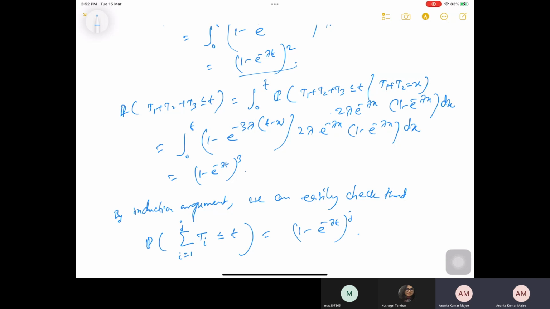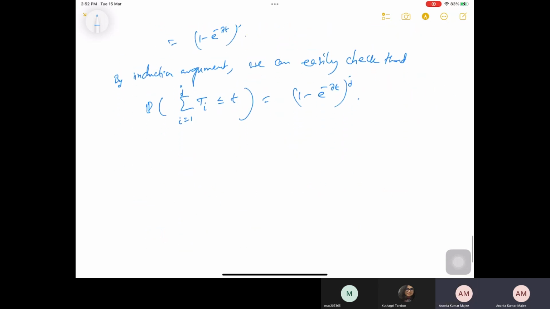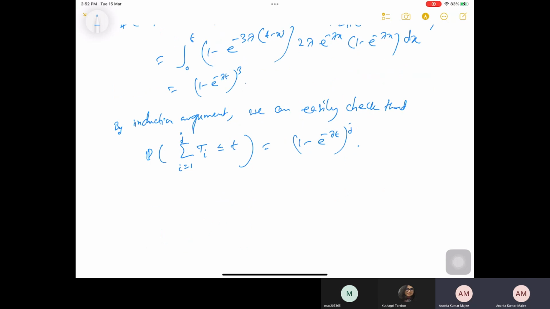Okay. So why am I considering these things? Because I want to consider P_1j. For that, I'll try to write it down in terms of my T1, T2 and so on. So now P_1j(t), because initially it is in state 1, X(0) = 1, and then I want to go to state j.